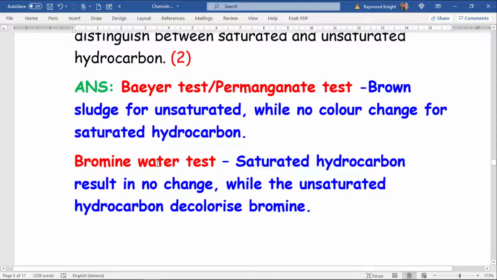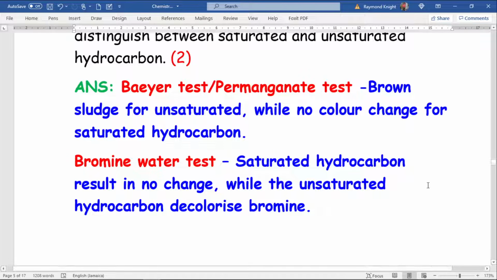Same way with the bromine water test. If you use a saturated hydrocarbon, there's no change, simply because it is less reactive compared to the unsaturated, which has a double bond. The unsaturated hydrocarbon will decolorize the bromine water, because where the double bond is, it will react with bromine. So you have a halogenation type of reaction taking place.